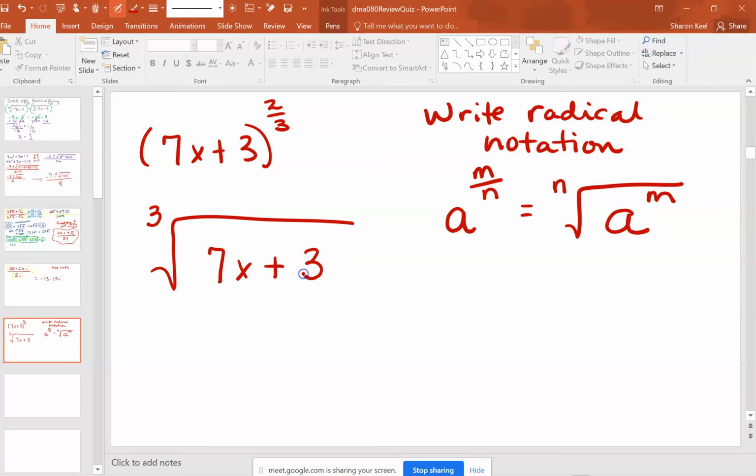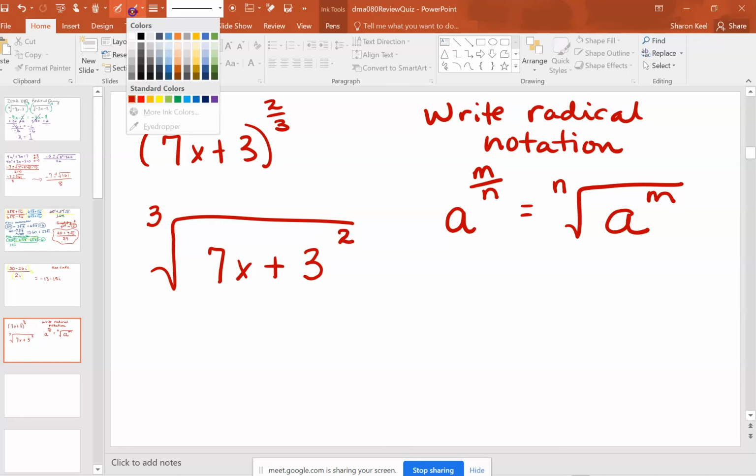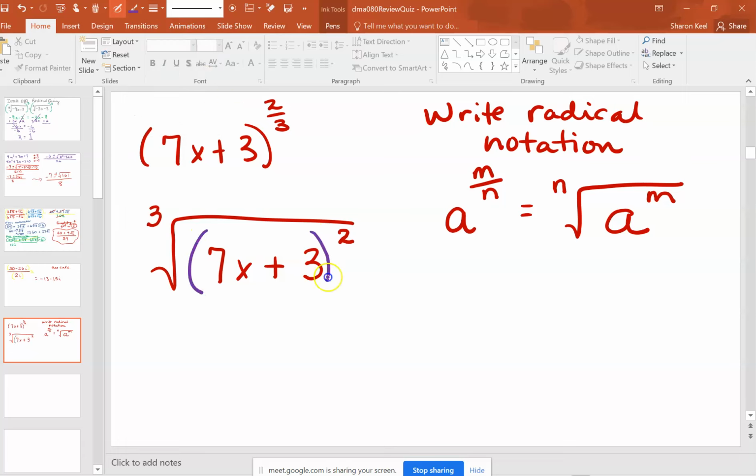Now what is very important is, even though the 2 is the exponent, if I write it and leave it like I have it now, it will be wrong. What you have to remember is they have a parenthesis and you have to have the parenthesis because it is the whole unit that is raised to the second power.